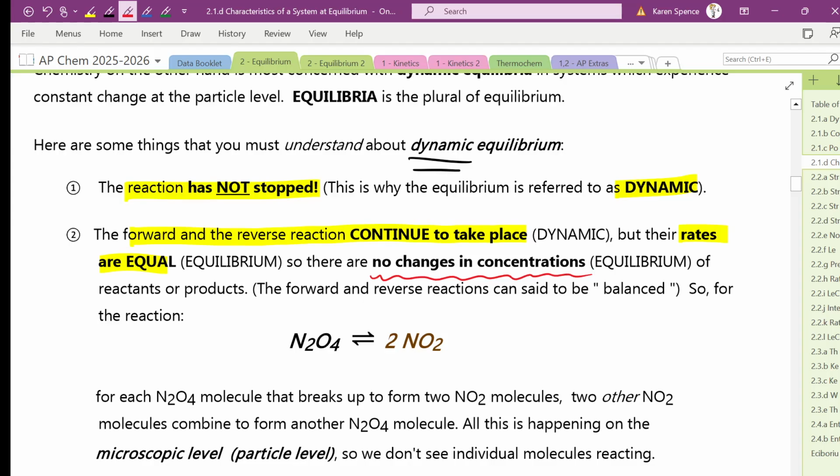So yesterday, you remember when I said I didn't want to define dynamic equilibrium because I did not have a good definition off the top of my head?